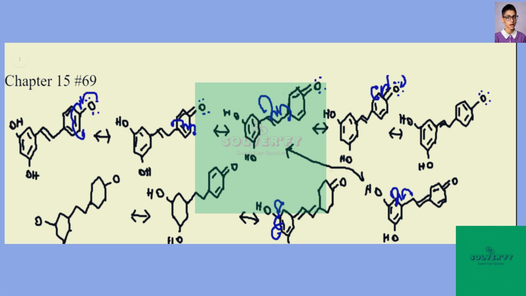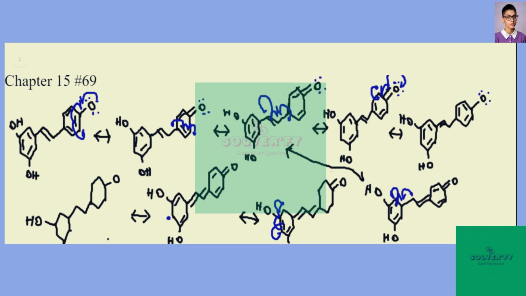And I guess I could have drawn these H's in because it looks like we're not actually going to delocalize this onto these H's. I thought at first glance that we would, but now I'm seeing that that's not going to be possible. So like this and like this. Our double bonds are now here and here, and our unpaired electron is right here.